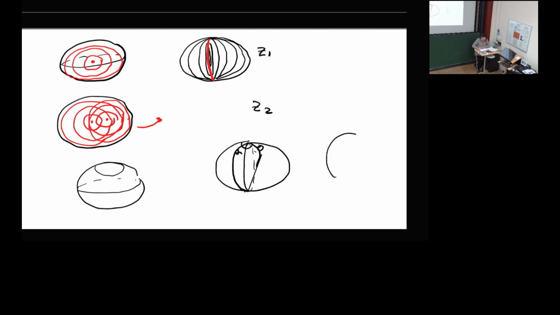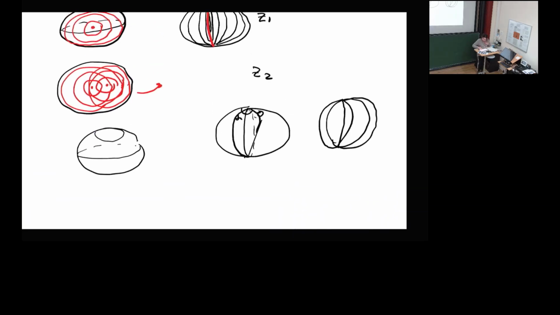So maybe if I draw it separately from a sphere, something like this, followed by something like this, if it makes it more clear. It's not immediately clear why. First of all, they kind of intersect, which we don't want, but we can wiggle them a little bit and they will stop intersecting, so that's not really a problem. I think it's not particularly clear where it's coming from, but it's coming from the following procedure.